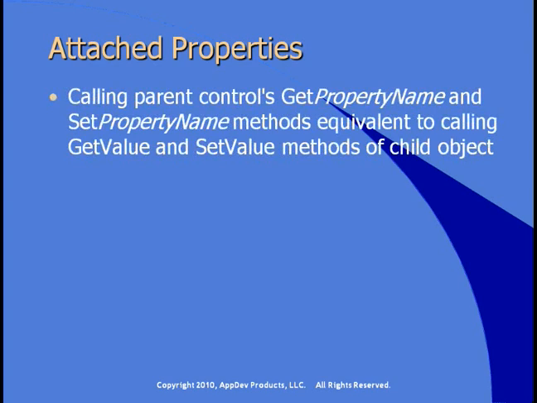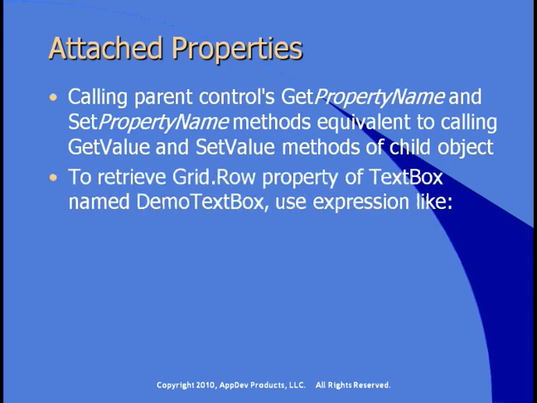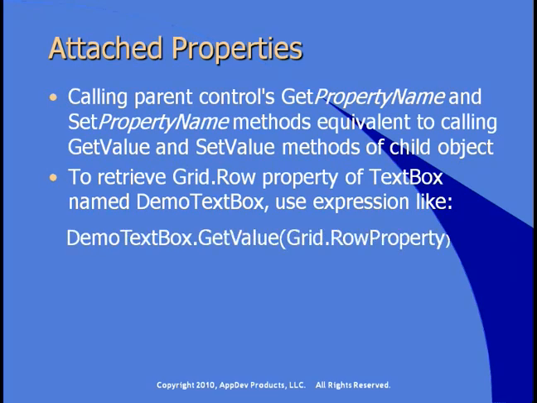So, calling the parent control's getRow or getColumn or setRow or setColumn method is equivalent to calling the getValue or setValue method of each child object. So the child is keeping track of its row and column. Isn't this complicated? It's amazingly complicated, but it's important to understand what's going on. And to retrieve the grid.row property of a text box, whose name is demo text box, you might use an expression like this.